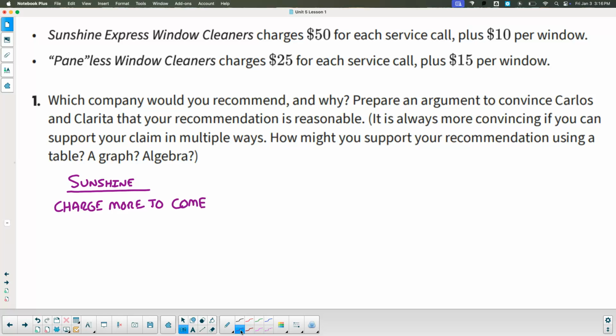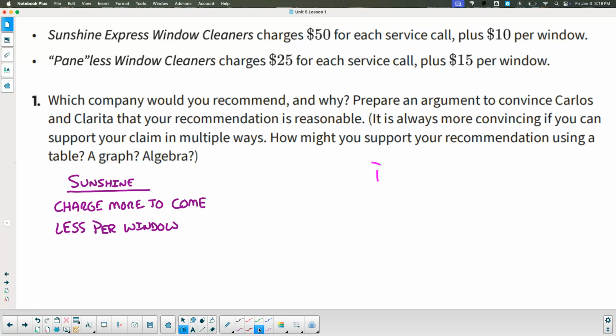So they charge more just to come to your place, but they also are less per window. So you save money there. Okay, so that could be part of yours.